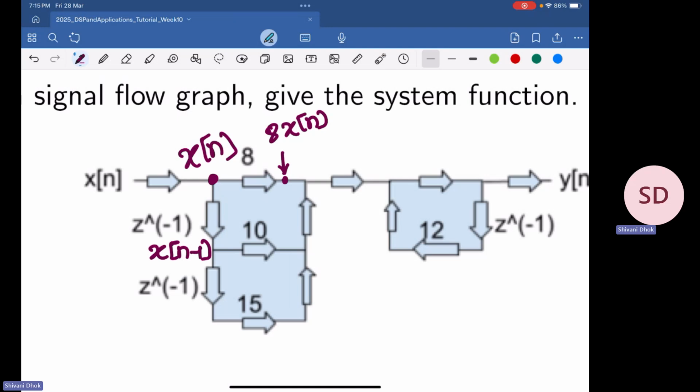Similarly, this x of n minus 1 is going both directions. Here you have x of n minus 1, and when you come to this point, you will get 10 times x of n minus 1. Till this part, is it clear?